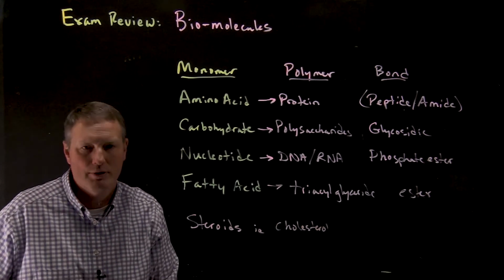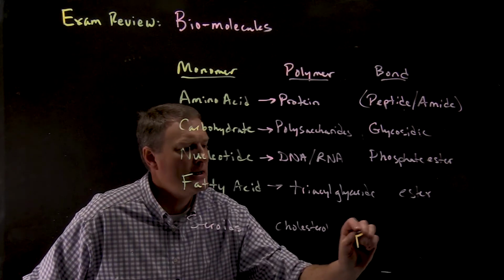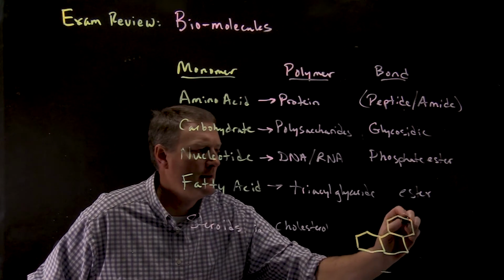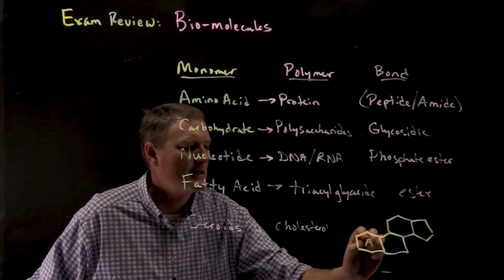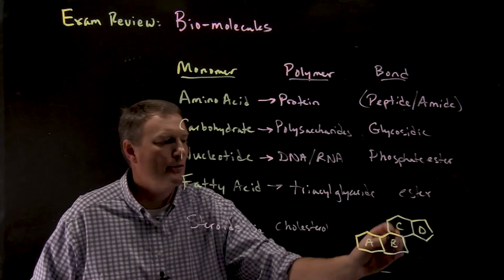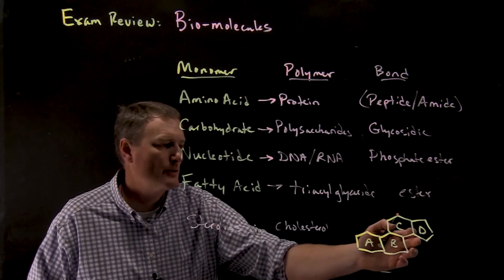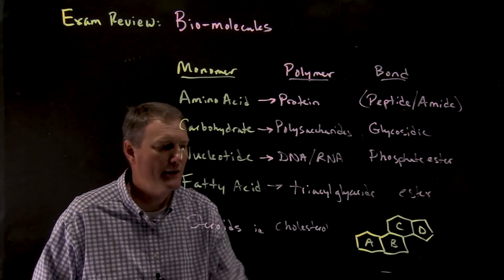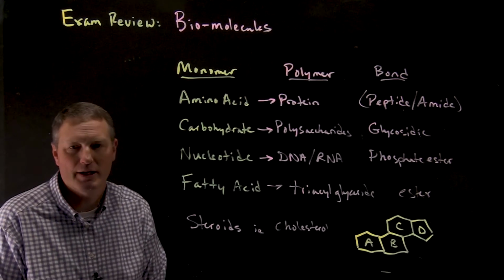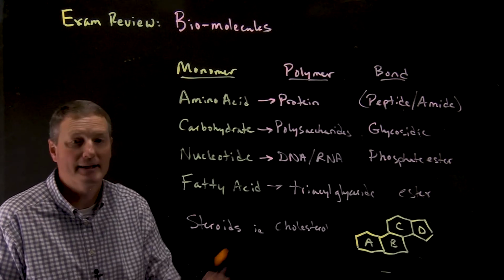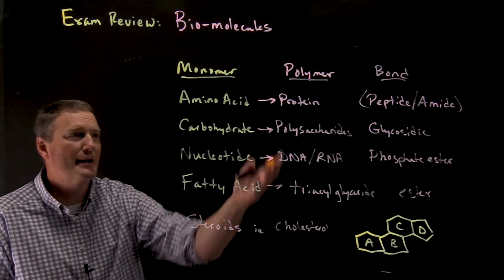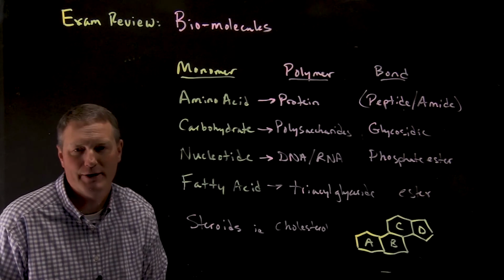And just to remind you, cholesterol has this sort of special ring system that always involves these 4 rings where you have 3 6-membered rings fused with a final 5-membered ring here called the ABCD ring systems. And some examples of the steroids are things like estrogen, testosterone, cholesterol is obviously another one, but they fit into this sort of subclass of biomolecules. They don't form polymers, but they should be included here.